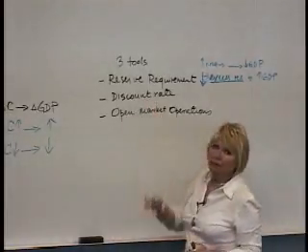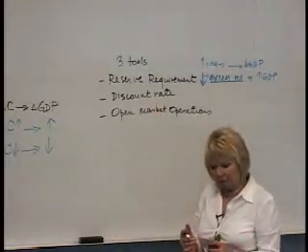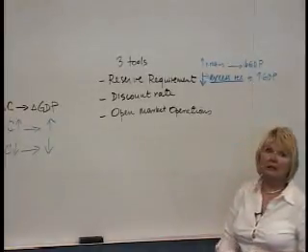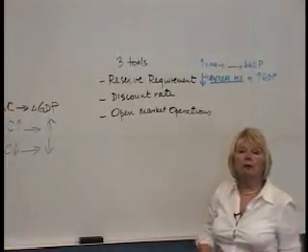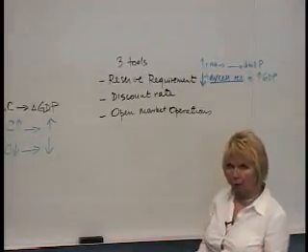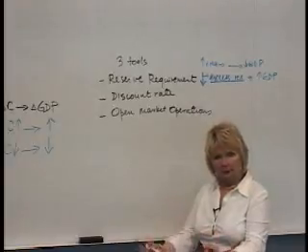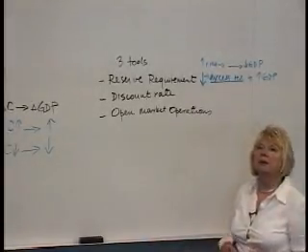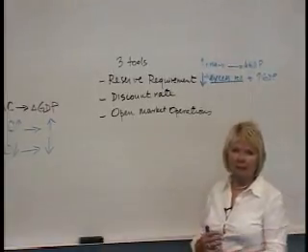Now, the discount rate would be the second tool that the Fed could use to change money supply. The discount rate is the rate that the Federal Reserve banks charge member banks to borrow from the discount window. It's called the discount rate because the interest is discounted at the beginning.